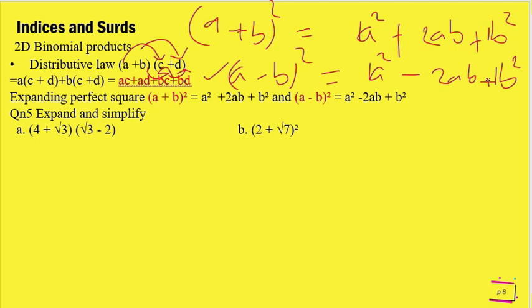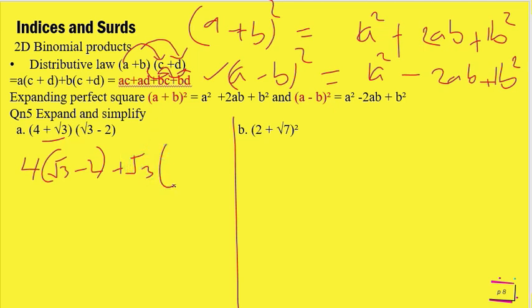Now when it comes to the real multiplication, let's see the first one. Here you just use the distributive rule. You multiply 4 by root 3 minus 2, and then plus root 3 multiplied by root 3 minus 2.